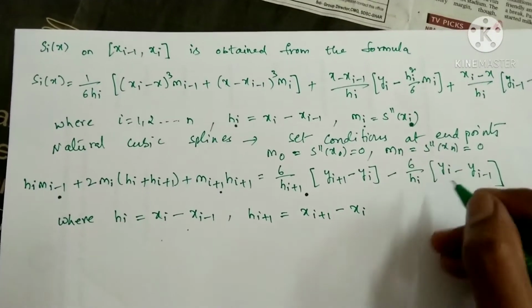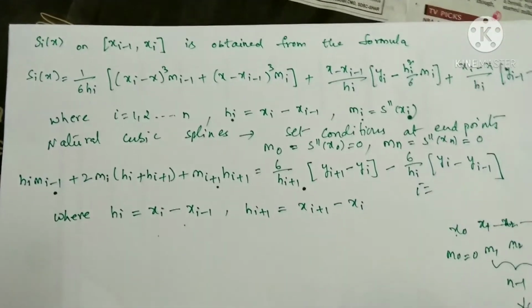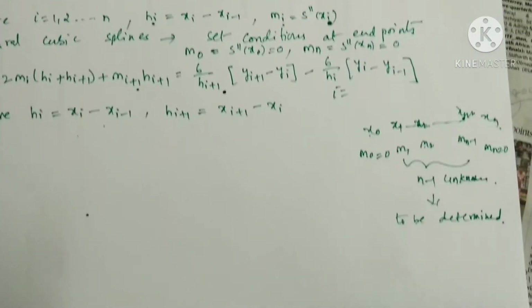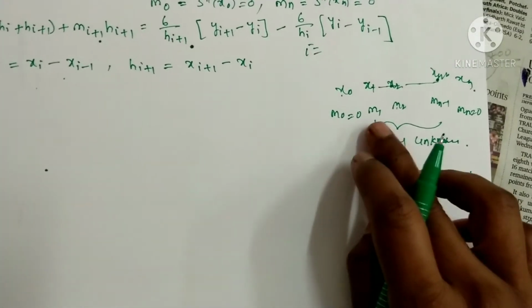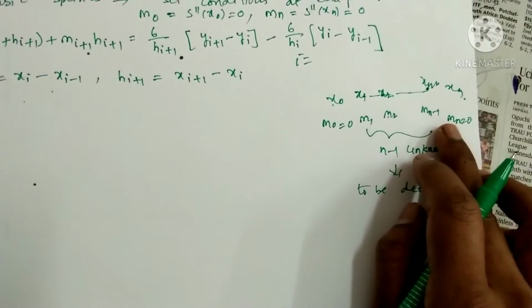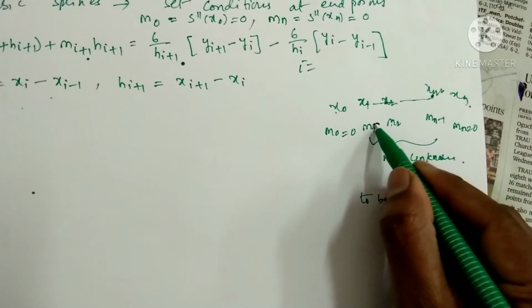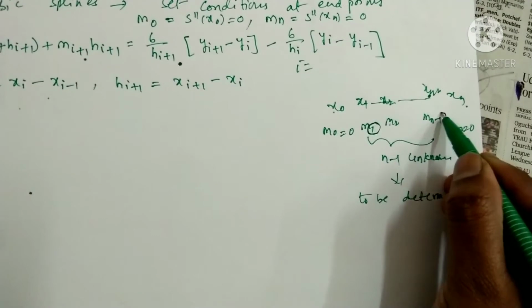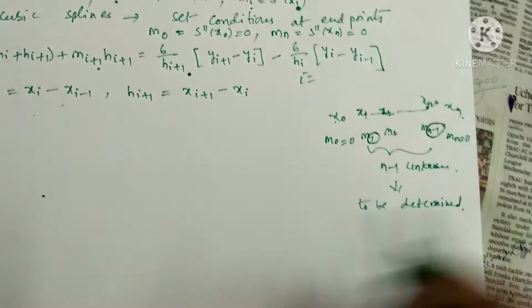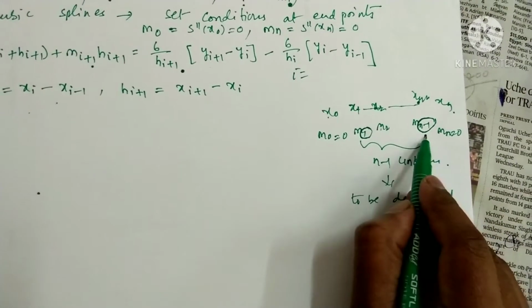Here we must take i values as we have to find M1, M2 and so on M(n-1). We can take these suffixes starting from 1 and ending at n minus 1.